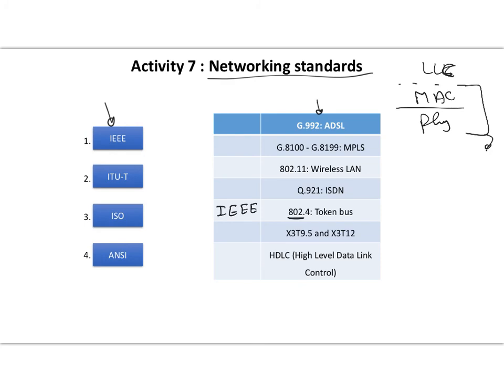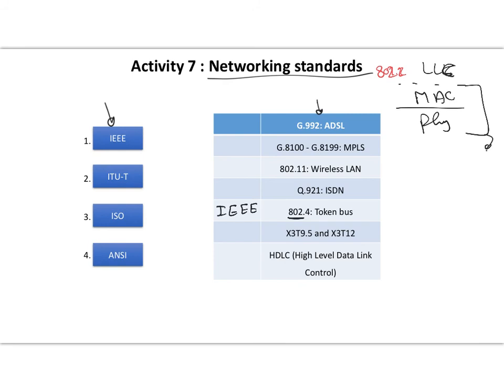And if you take a look at the standards, you will see that for the logical link control, you have only one possible standard, which we call 802.2. 802.2 is the standard for logical link control, and this is agnostic to all types of medium.